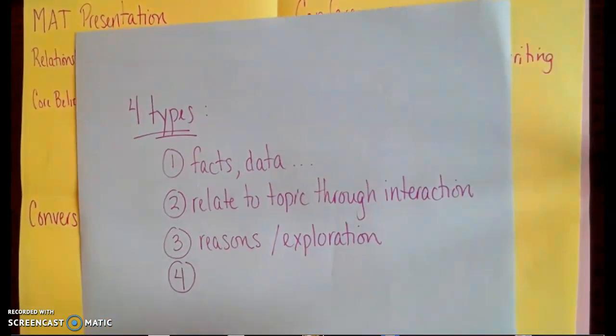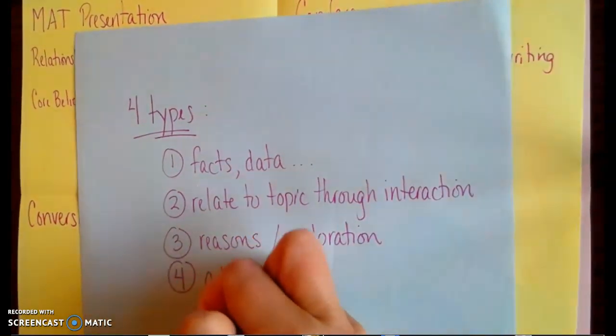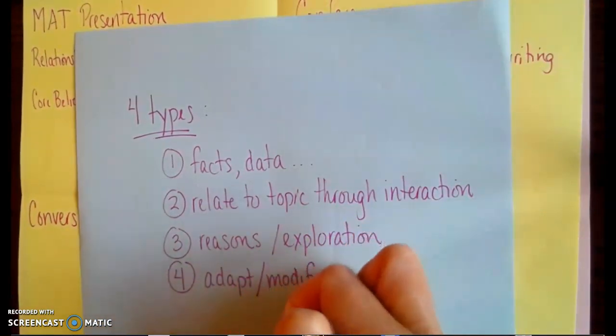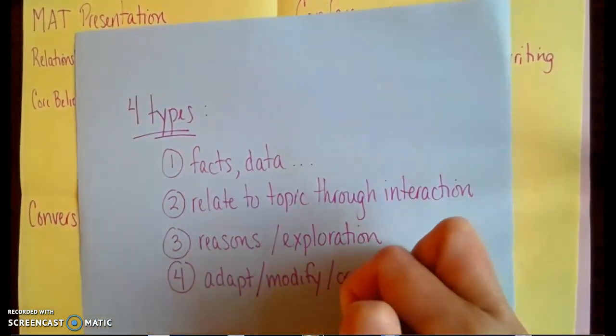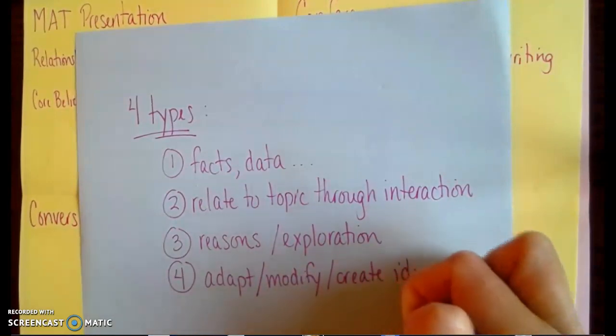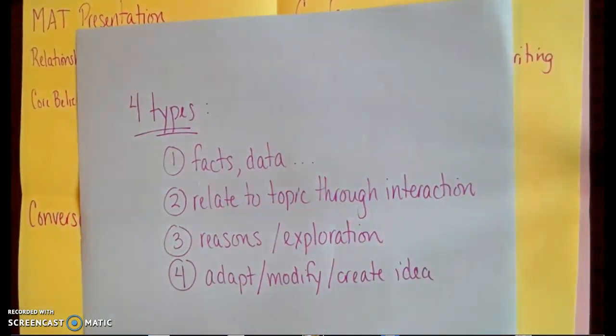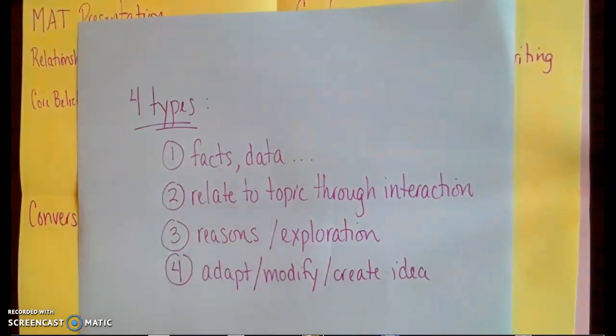And the 4th kind of audience is the kind of audience that wants to adapt or modify or create from an idea. That's the teacher lens that a lot of us are in, where we hear an idea and we immediately want to go try and figure out how it's going to work for us.